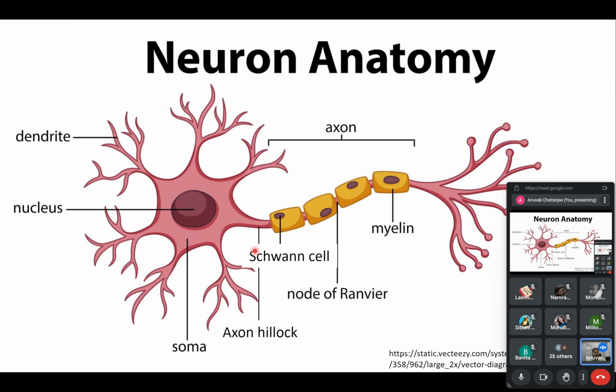These ion channels can be of three types. First is a ligand gated ion channel. When a ligand, which could be a hormone, a neurotransmitter, a protein, or a lipid, binds to the external surface, the channel opens and allows transfer of ions. A second type of ion channel is a voltage gated ion channel.